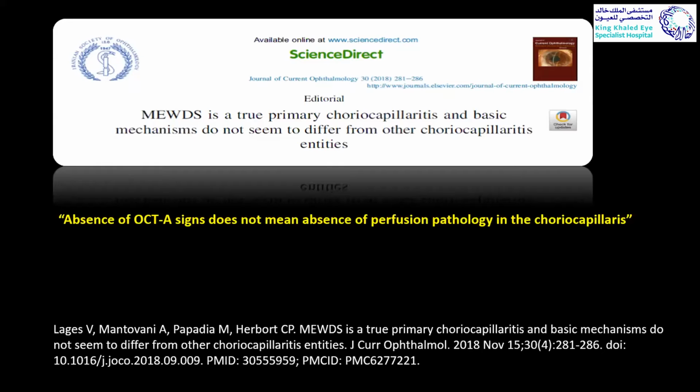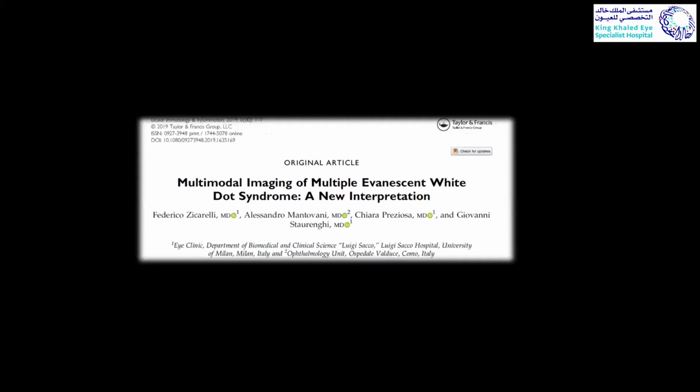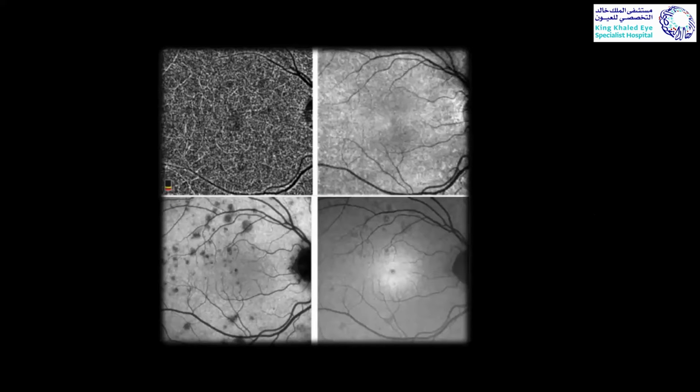After this paper, Giovanni Staurenghi from Italy published a very nice paper last year and he tried to solve this problem. He demonstrated in his paper that the choriocapillaris was also intact, so there was no capillary flow void in those patients.